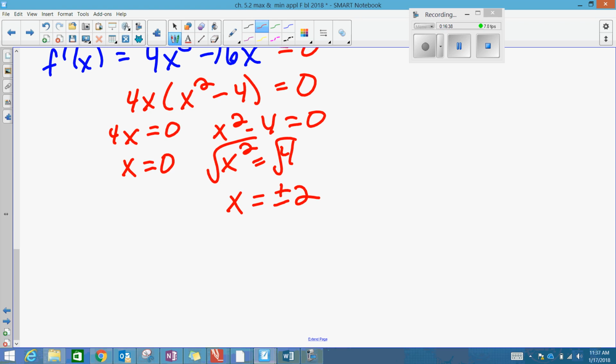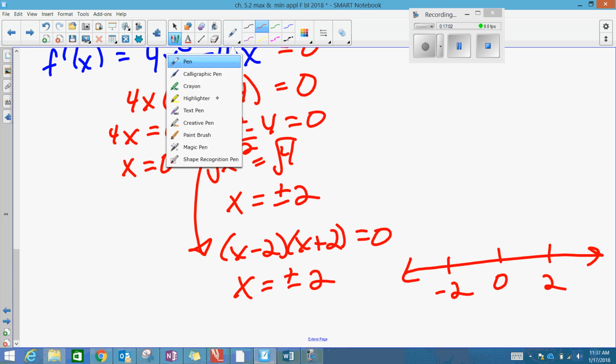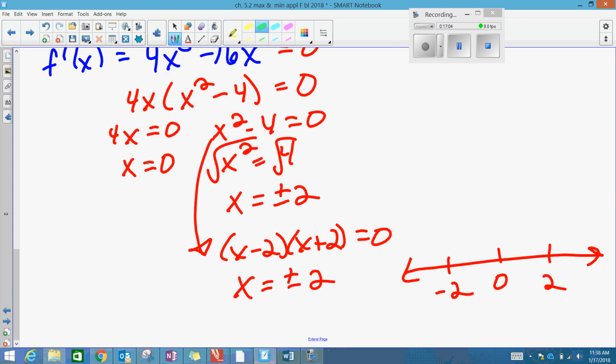You also, at this point, could have thought to factor that as x minus 2, x plus 2, set that equal to 0, and you still would have gotten plus or minus 2. So either way you looked at that. Okay, so now, if we look at our critical numbers, we have -2, 0, and positive 2. And that, again, came from setting our factored form equal to 0.